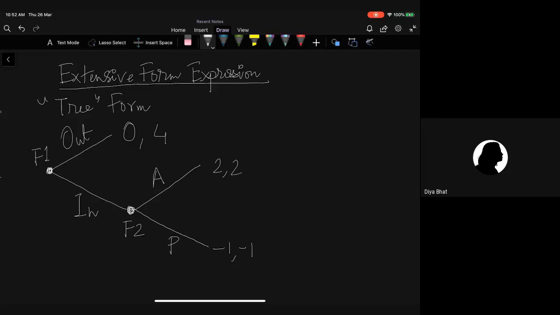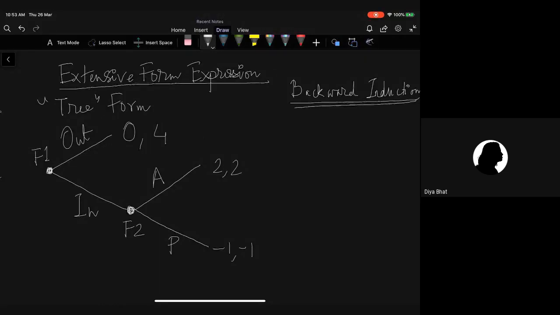Now, given this extensive form expression of the same game, we will apply a concept to solve the game, which is called backward induction. What is this idea of backward induction?